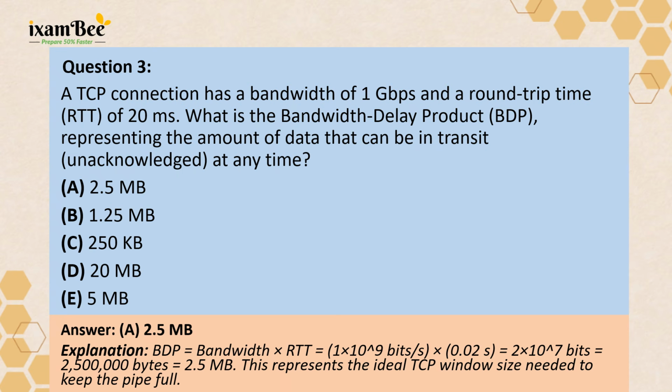The BDP is calculated as bandwidth into RTT. So here it would be 1 into 10 raised to power 9 bits per second multiplied by 0.02 seconds, which comes out to be 2 into 10 raised to power 7 bits, or equal to 2.5 MB. This represents the ideal TCP window size needed to keep the pipe full.